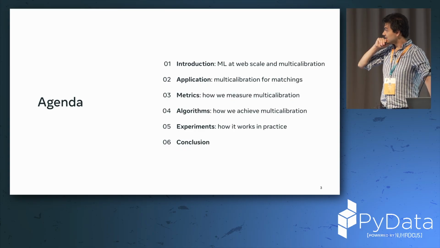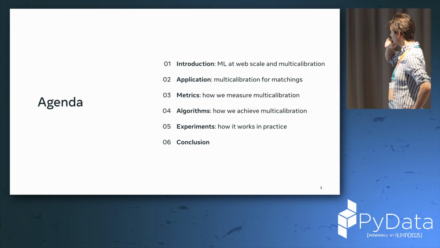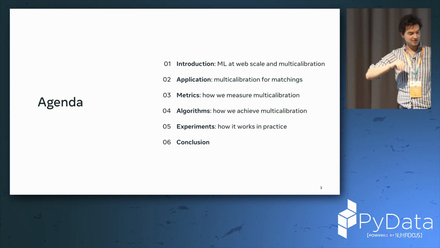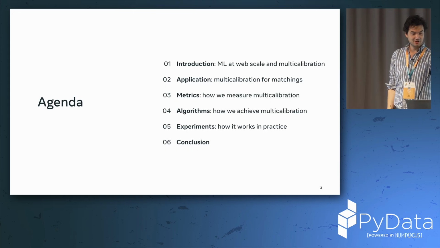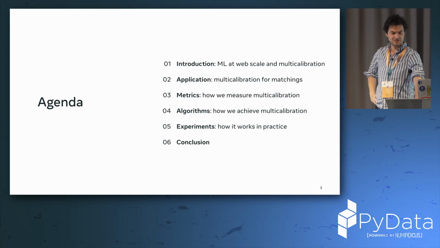For the rest of the session, I'll first walk through a couple of examples of applications of machine learning at web scale, in how ML is integrated into user-facing products.